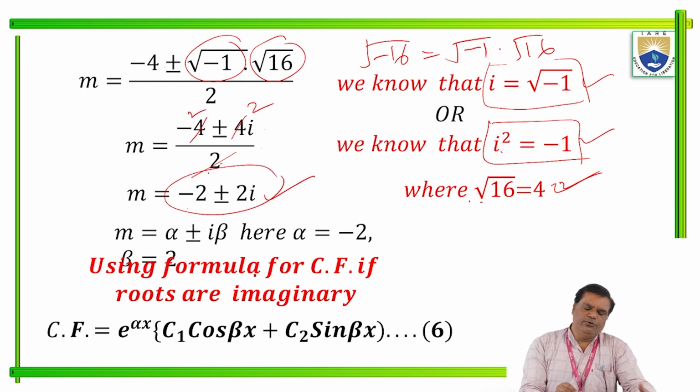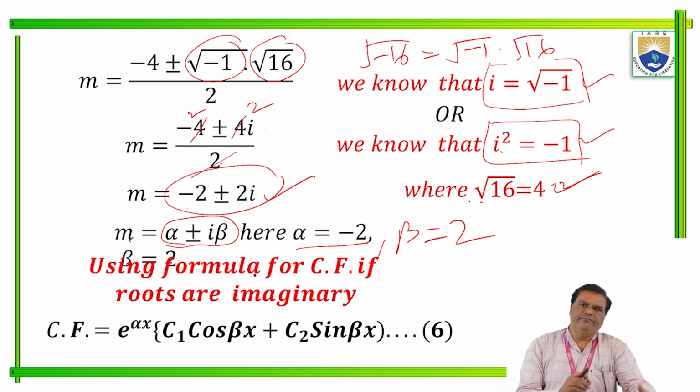These are imaginary roots, because there are two roots. So m equal to alpha plus minus i beta: alpha is the real part and beta is the imaginary part, and plus minus represents the two roots. Here alpha is minus 2 and beta is 2.